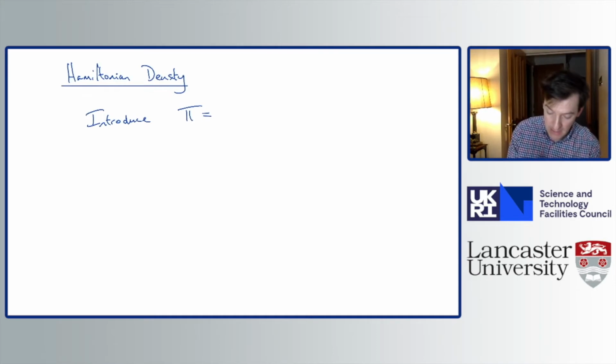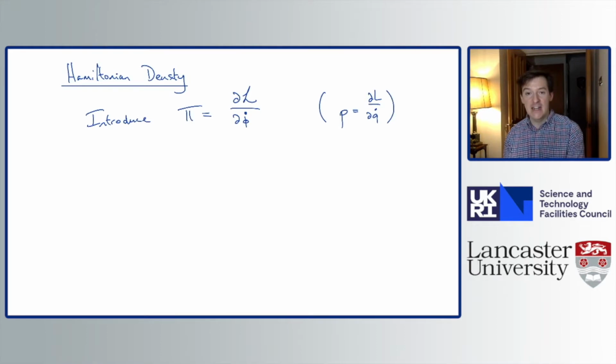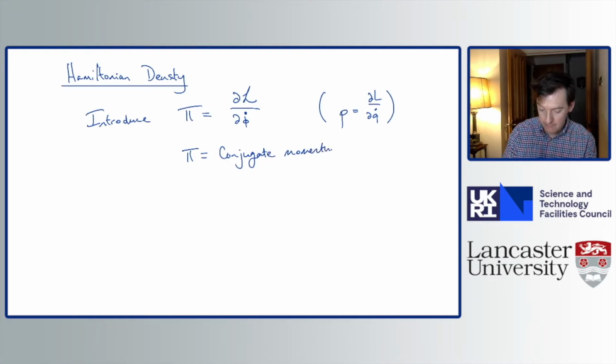This is defined to be the derivative of the Lagrange density with respect to the time derivative of the field. This is my generalization of the derivative of L with respect to q dot that we saw in classical mechanics. As I said, this is called the conjugate momentum density.